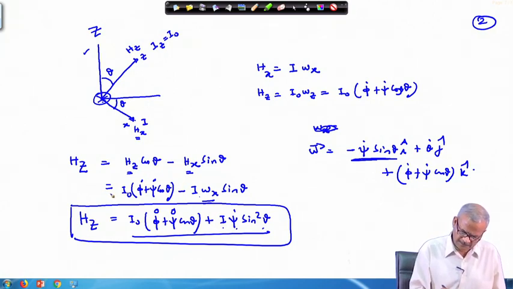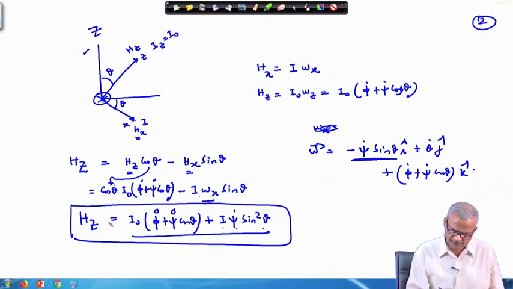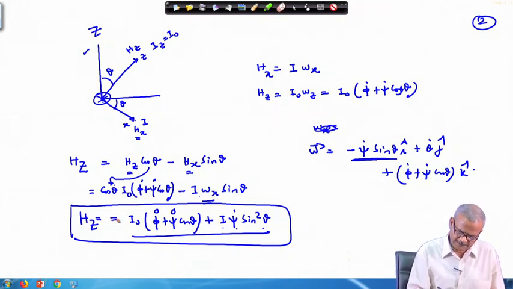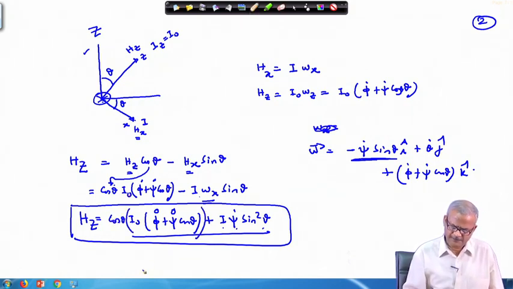So, we need to multiply it by cos theta. Okay, one more part is here. So, we will rub it out and write here this equal to cos theta. This cos theta is appearing here, this we forgot to write here. So, multiply it by cos theta here in this place, cos theta times this quantity.